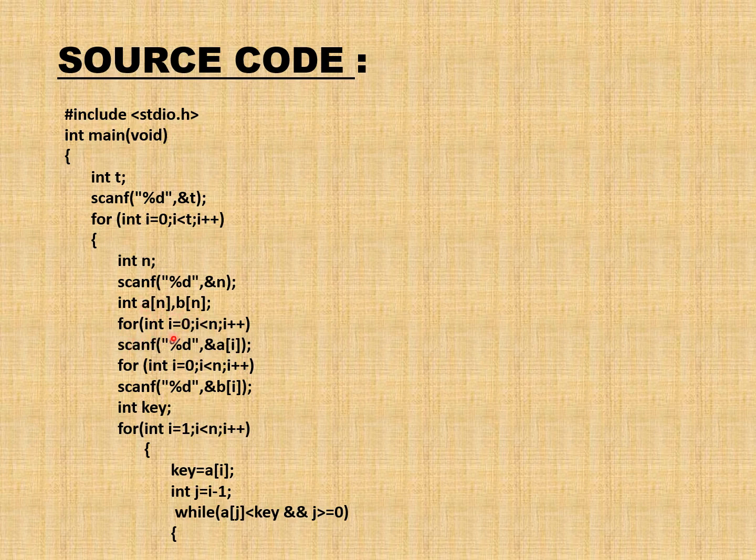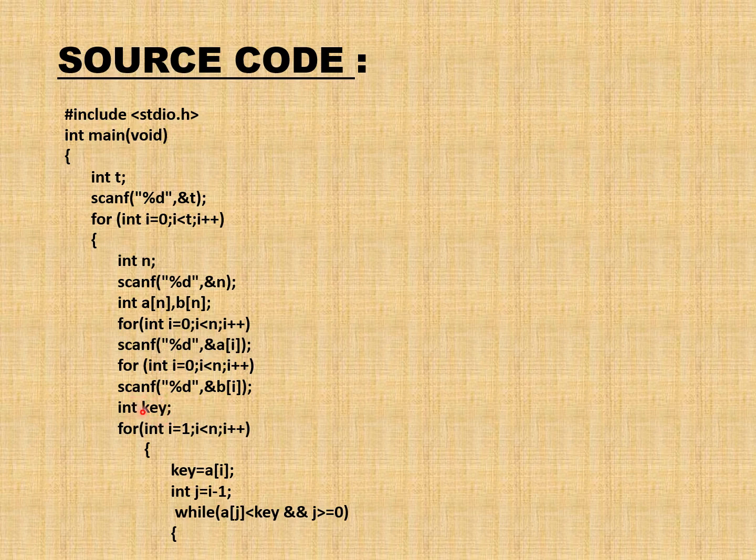For int i equals 0, i less than n, i plus plus, scanf %d &a[i]. For int i equals 0, i less than n, i plus plus, scanf %d &b[i].